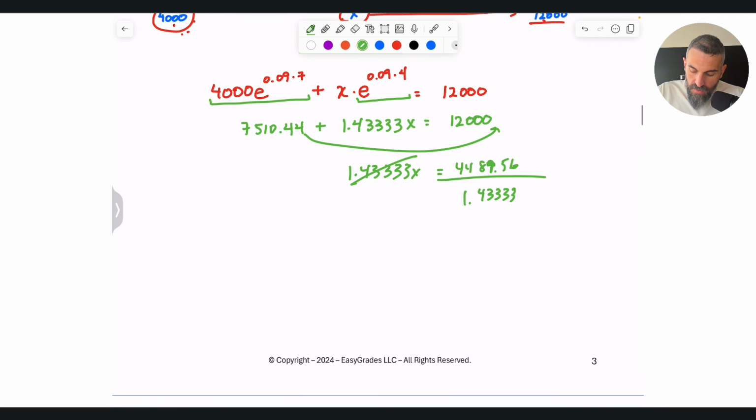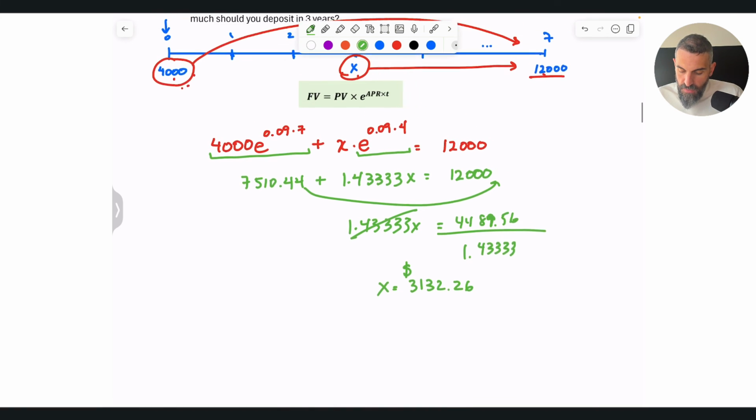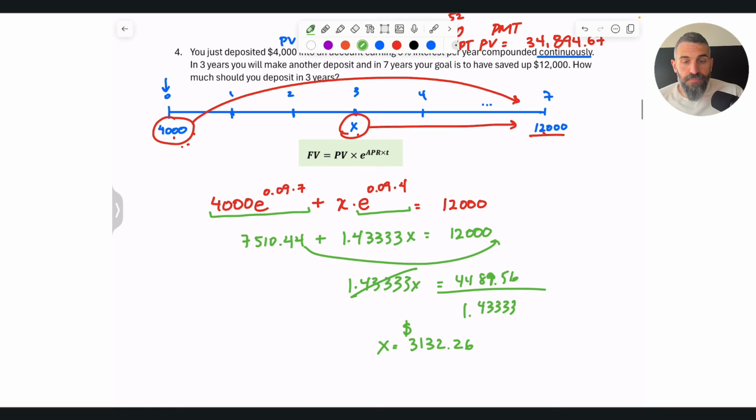Which tells me that that amount should be $3,132.26. You might get a slightly different answer if you round it differently, but this is it. If you deposited $4,000 today and then $3,132.26 3 years from now, in 7 years, you would have exactly $12,000.